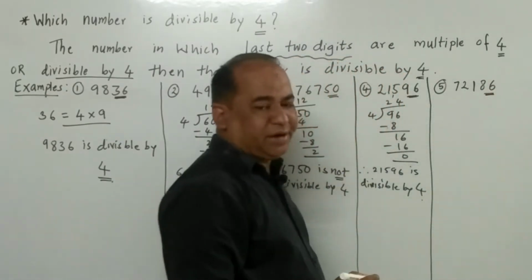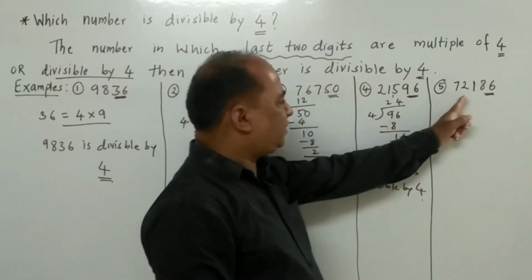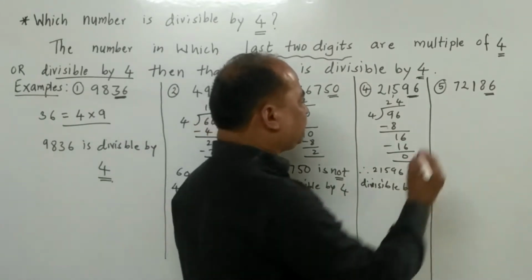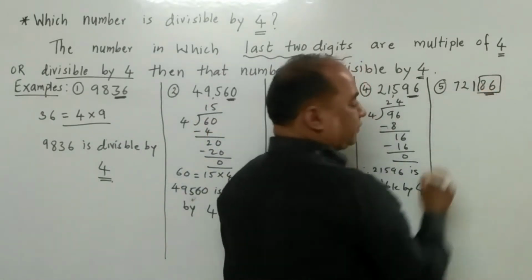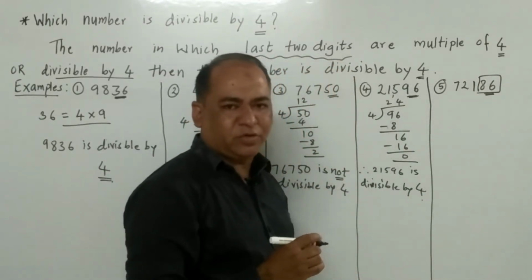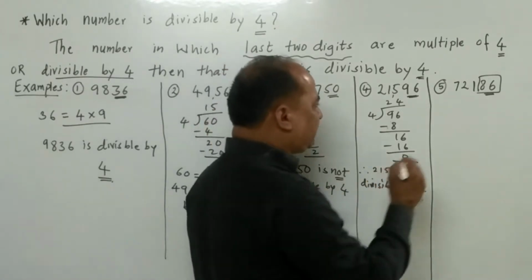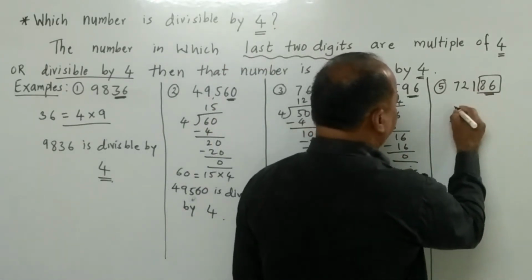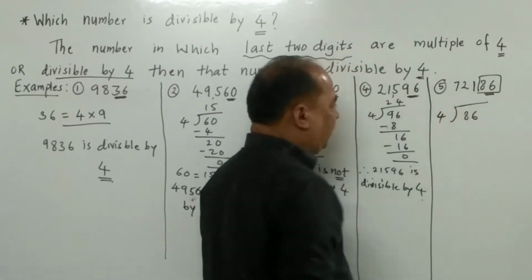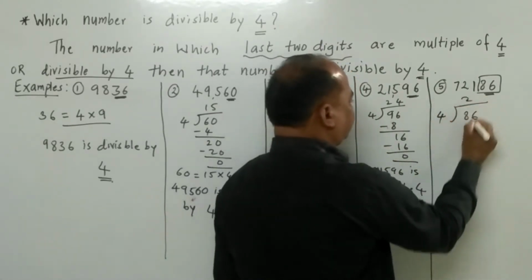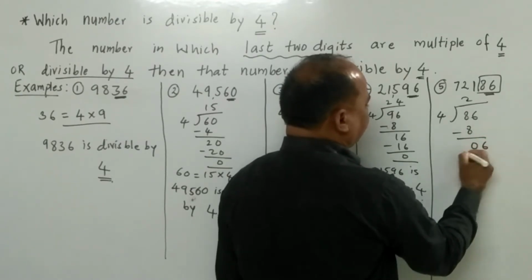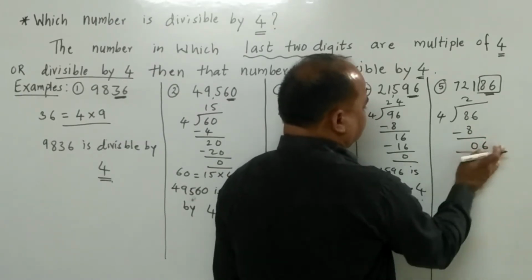So last example. The last two digits are 86. So we have to check whether 72,186 is divisible by 4. We have to check the last two digits of a number. If the last two digits of a number are a multiple of or divisible by 4, then that number is divisible by 4. So let us check whether 86 is divisible by 4. 86 divided by 4. 4 twos are 8. 8 minus 8 is 0. Remainder is 6.